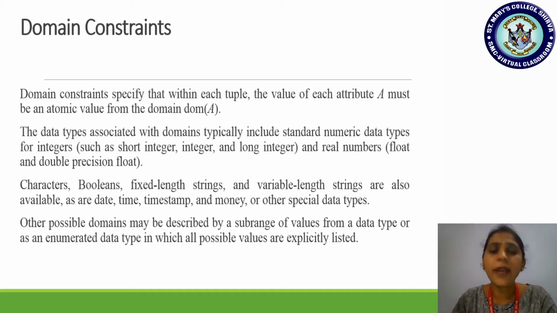There are other student roll numbers 153, 154, 156, something like that. In that tuple, that roll number is associated with many values, like a particular name, his class, his major, many other such things. So the value of each attribute A must be an atomic value from the domain A.